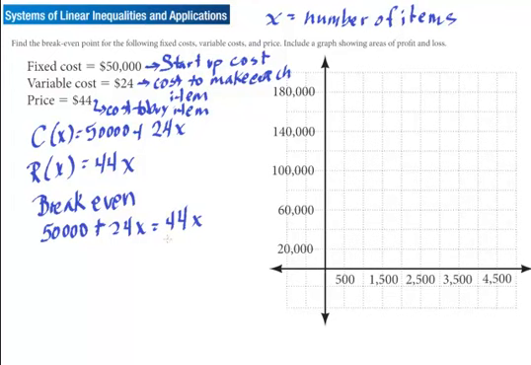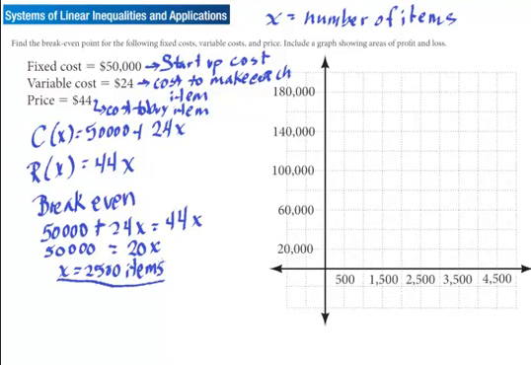So if I subtract 24x from both sides, I have 50,000 equals 20x. Divide both sides by 20, and you get x equals 2,500 items. That's your break-even point. After you've sold 2,500 items, from then on, all you've got is profit.